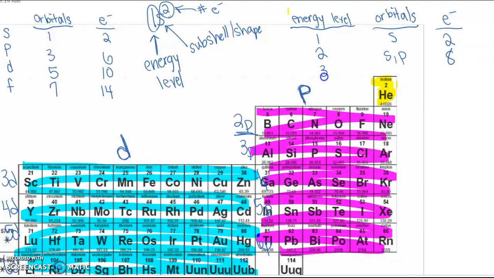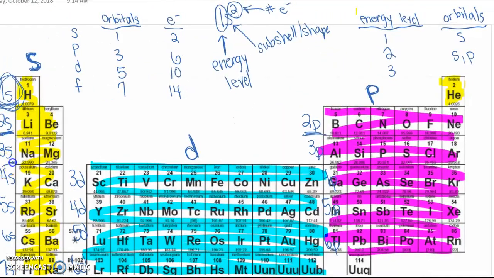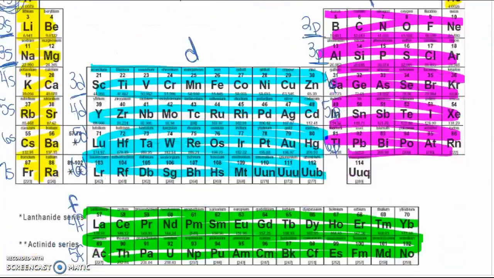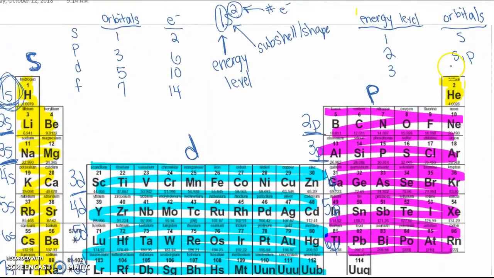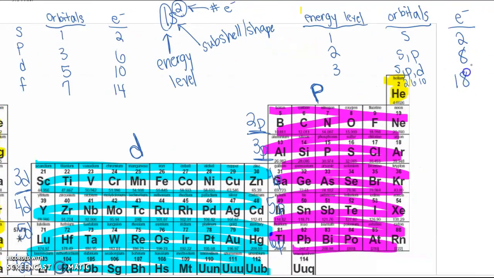Moving on from there, if we look at the third energy level, there's an S, a P, and a D. No F, because F starts at 4. So S, P, D. That's 2 right there, 6 there, and 10 there. So that would total up to 18.